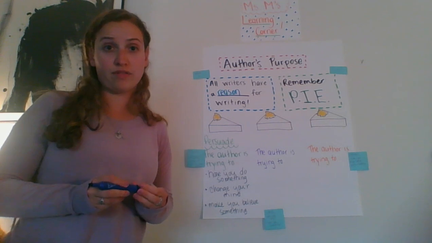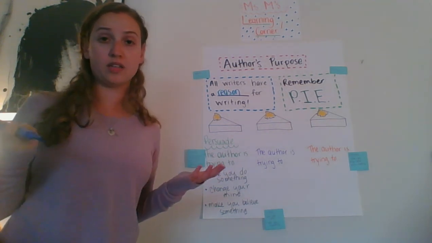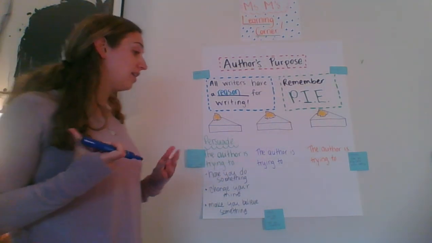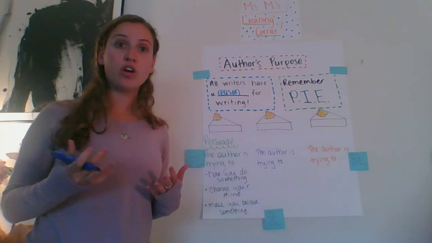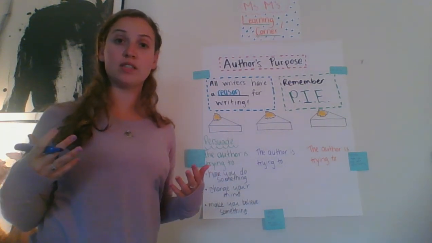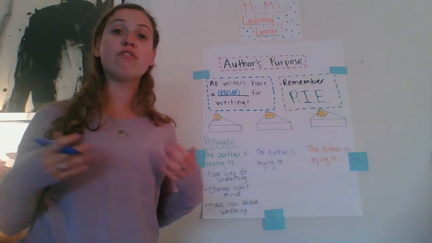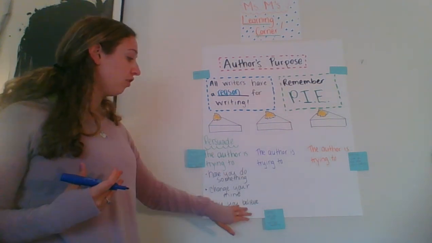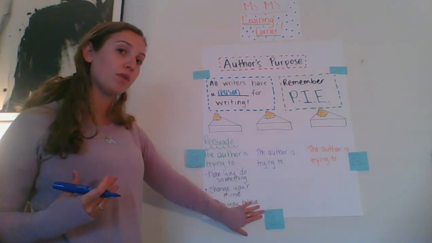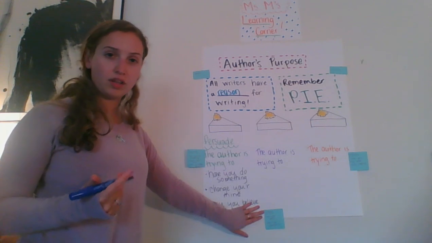The next reason for writing that your author might take into consideration is inform. And we all know what the word inform means because it sounds like the word information. When your author is trying to inform you of something, what do you think that means?